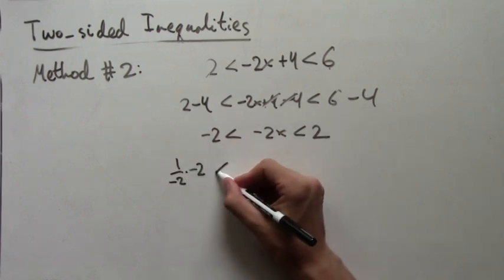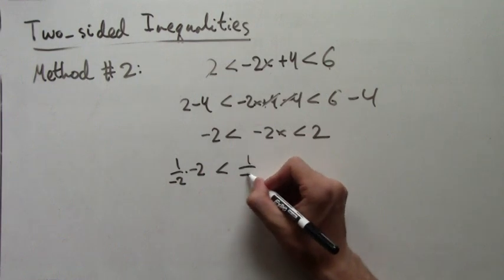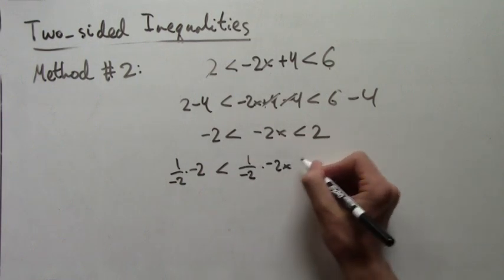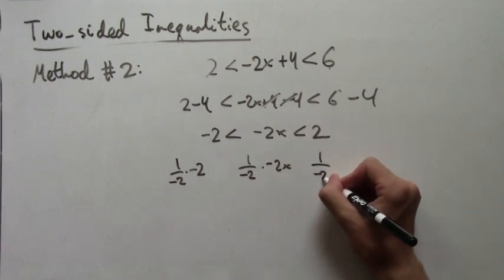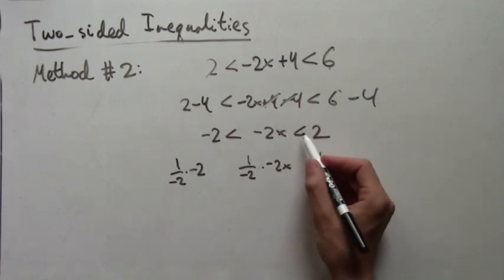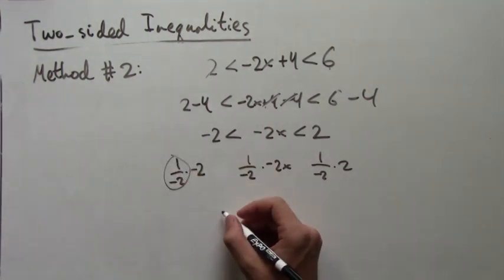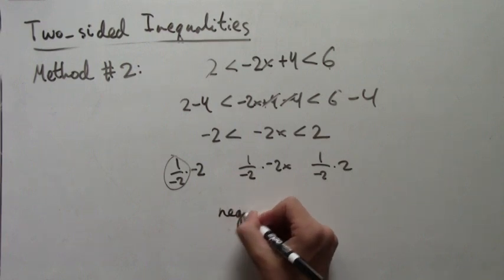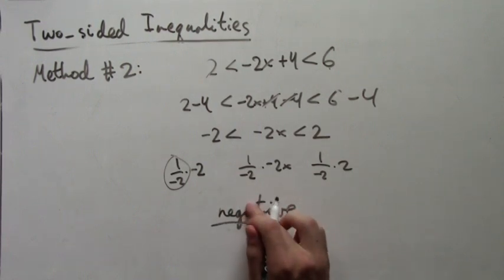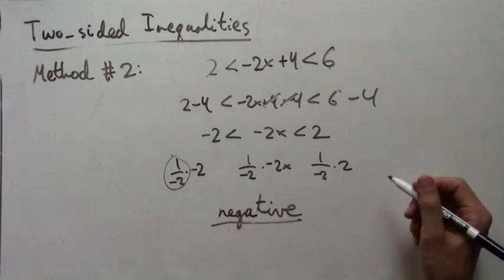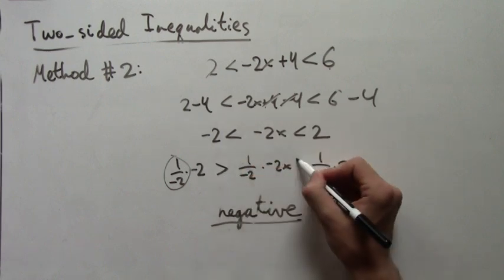Now notice, you don't want to keep the inequality sign the same. You want to flip the inequality. This is the one exception when working with linear inequalities. Negative a half, which we're multiplying by, is negative. So where we had a less than sign, we put a greater than sign. And if there were any greater than signs, we'd switch them to less than.